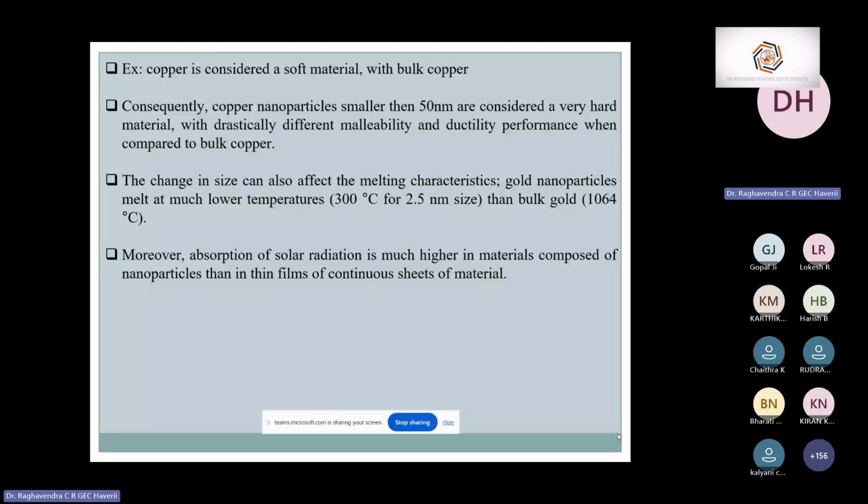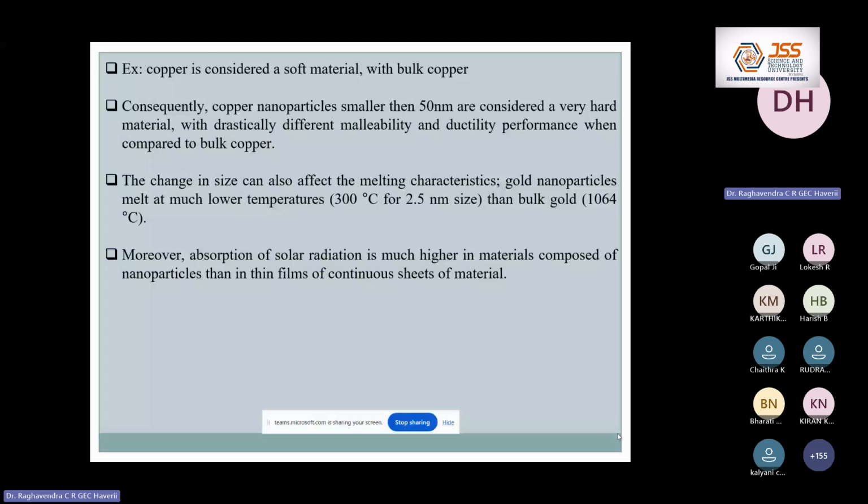Honestly, producing nanoparticles of 5 nanometers is not easy. It's a complex procedure, and there are different methods to generate these nanoparticles. Earlier, we used to get them from the USA and UK, but nowadays a number of industries have been developed to generate these nanoparticles.